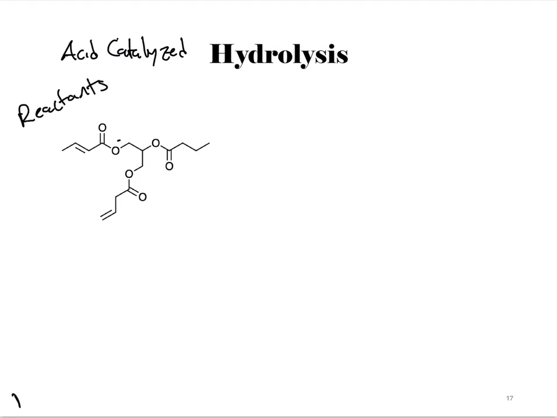Reactants, and then products down here. So we have H plus as our reaction arrow here. And then what else do we need on the reactant side here? Water, right? And how many water molecules do we need? 3, right? So triglycerides need 3 water molecules.